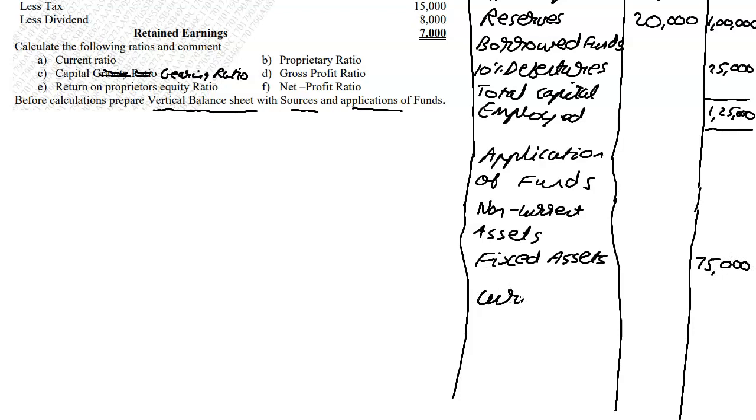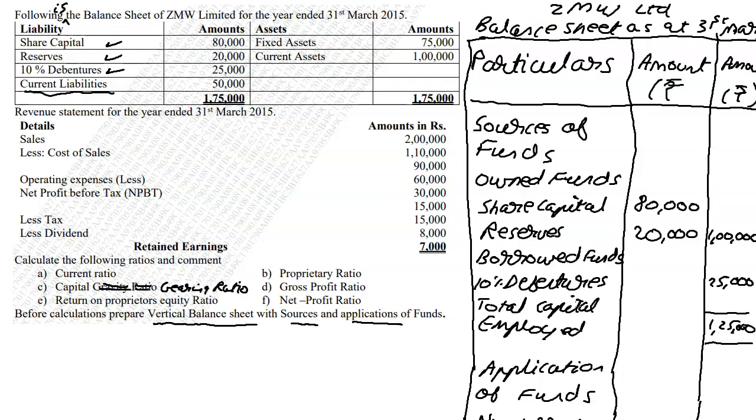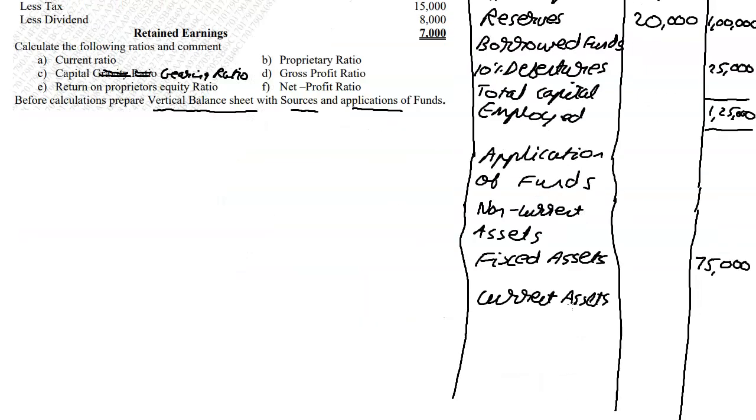Under current assets, we have to write it in the inner column because we will write current assets minus current liabilities. So it's going to be 1 lakh less current liabilities, which is 50,000.